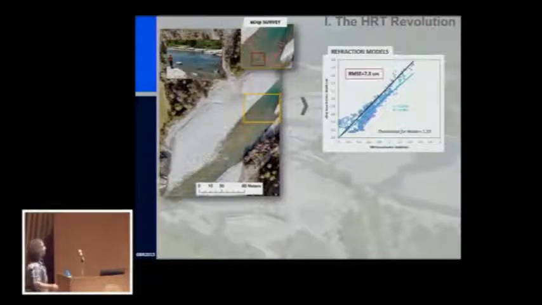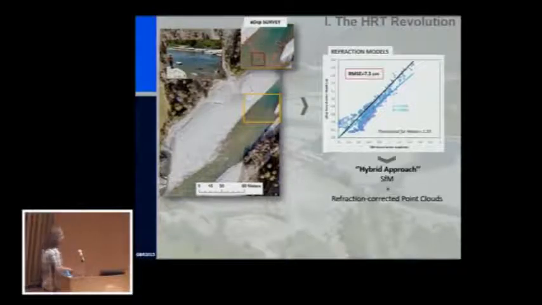This is the refraction model. What we are doing now is combining two different kinds of data sets: the raw data set for the dry part of the channel, and the data set that has been converted for the wet part of the channel. Errors in these two data sets are different, so that means that these need to be taken into account if we want to go a step further in our research.